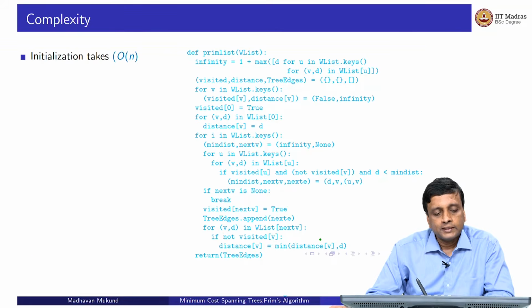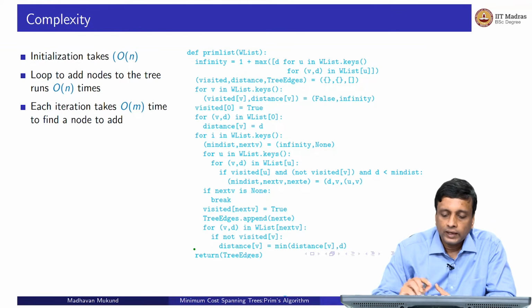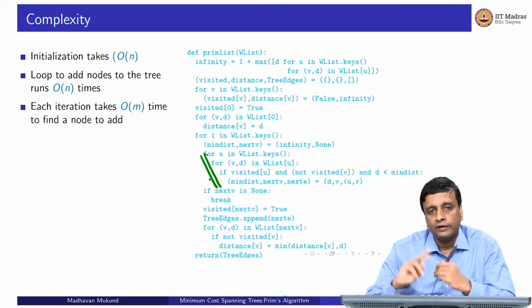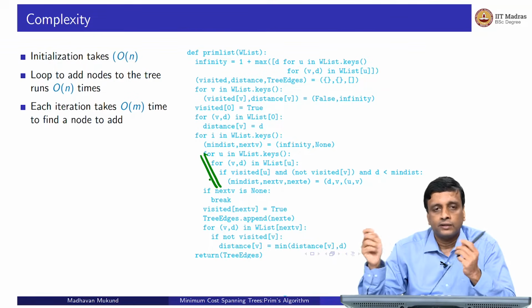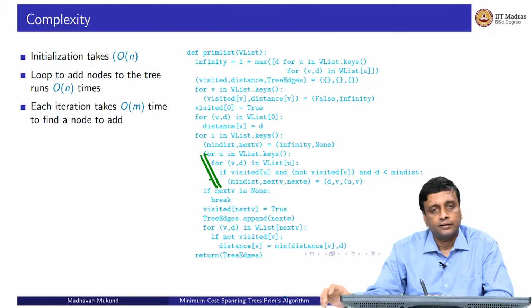But if you look at the complexity of this algorithm, the initialization takes order n, the loop runs n times as usual. And now, in this loop, we have this which is actually looking at all the edges. So, it is saying for every edge, if the starting point is inside and the ending point is outside, then consider the distance and add it.